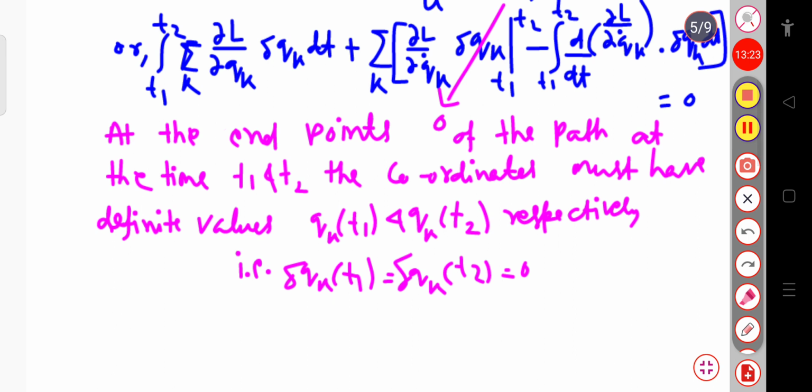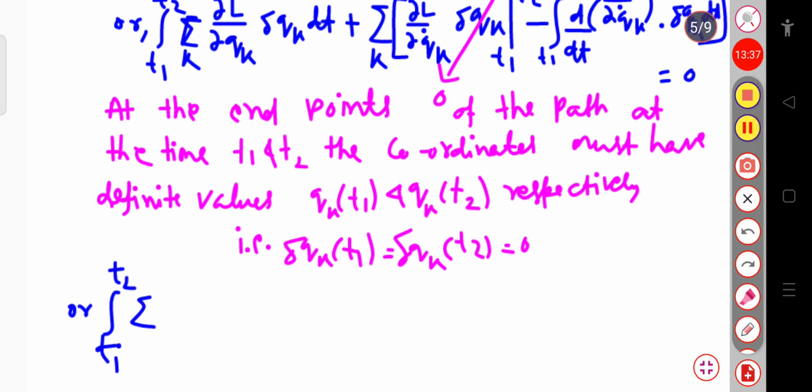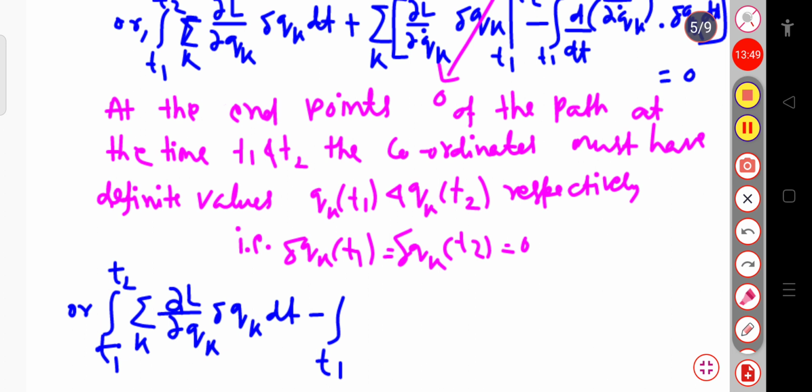Now only the two terms will be present, so we can write this as integration from T1 to T2, the sum over K of dou L by dou QK into delta QK dt, minus integration from T1 to T2, sum over K of d by dt of dou L by dou QK dot into delta QK dt.